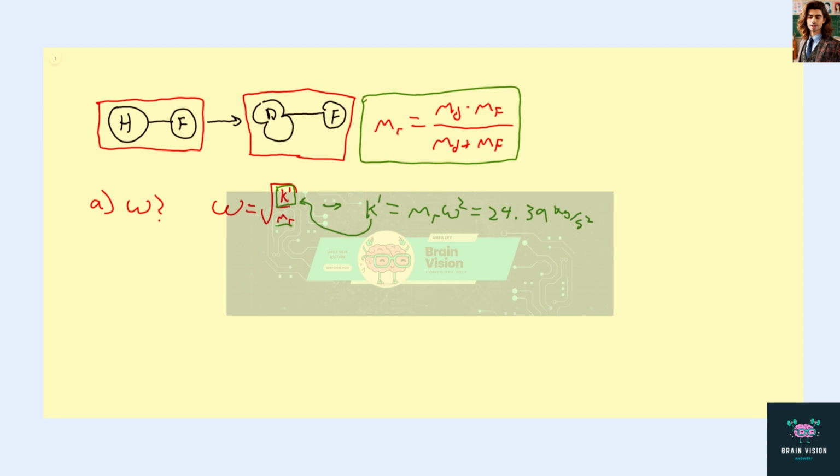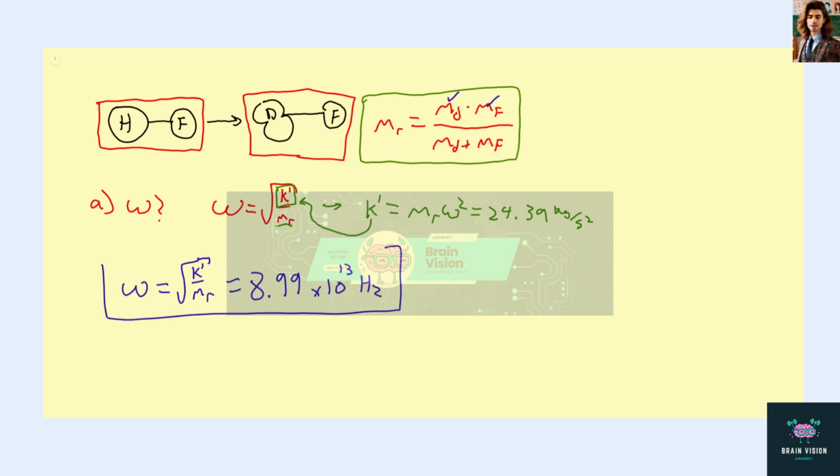So to write it again, now we want to find the frequency, which is the square root of K prime, which we just calculated, over the reduced mass, which we can calculate since the problem gives us the mass of the deuterium, and we had the mass of the fluorine from before. And in hertz, this is 8.99 to 3 significant figures times 10 to the 13 hertz.